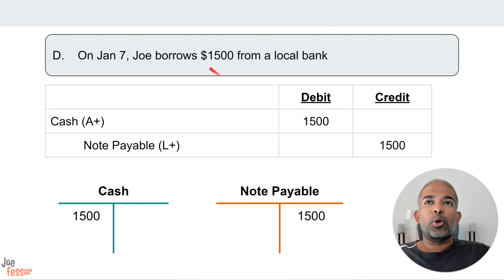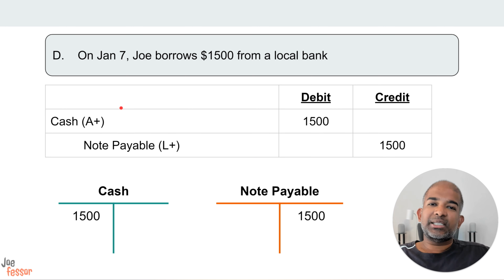He owes the bank $1,500, so that's a liability. We're going to call it note payable. When you borrow money from a bank, it's in the form of a very formal note. You promise to pay back later. So you have to make a journal entry for a note payable. It's a liability and you're going to credit that account by $1,500.